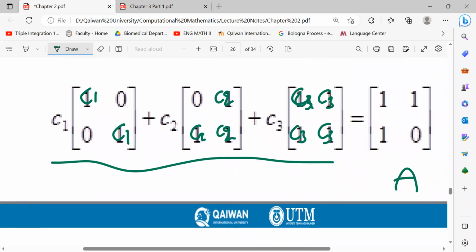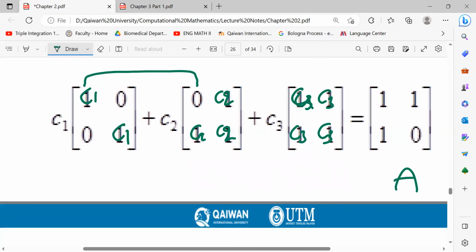Then we find the sum of these three matrices. What's the sum of these three matrices? Here C1 plus this plus this. We add the same positions in all matrices.